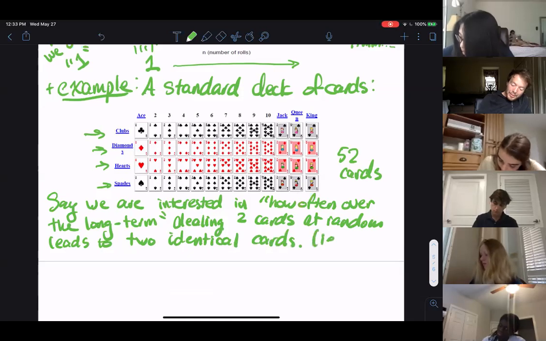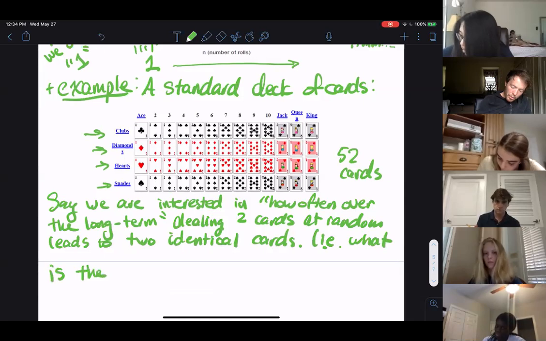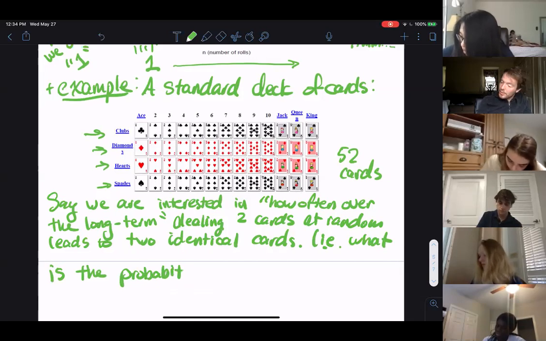And I'm going to do an IE, so in other words, what is the probability, right? Proportion over the long term, probability, these are the same idea.